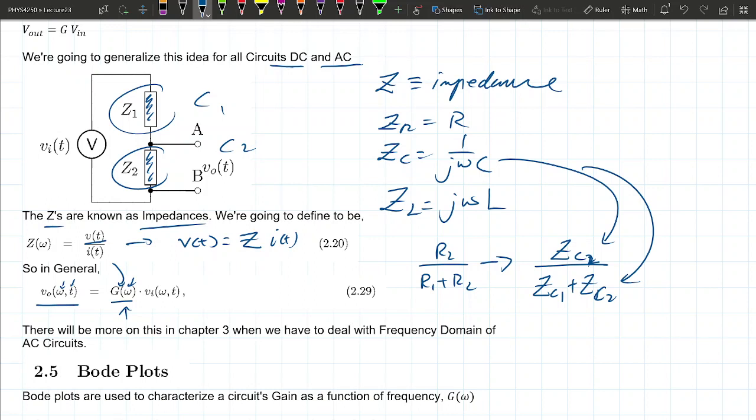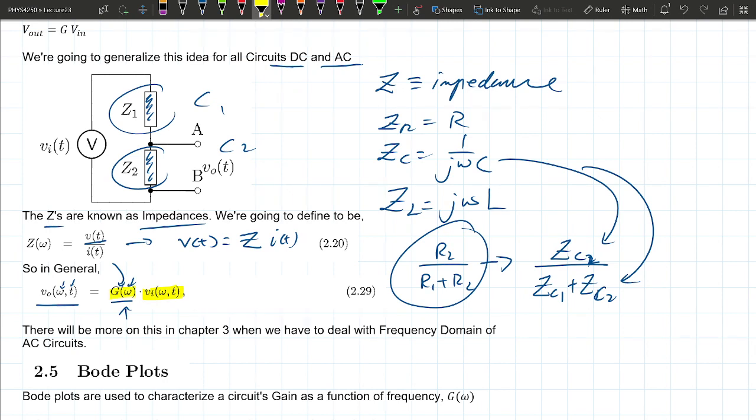When you have two things with current running along them, you can always use this voltage divider. But it's no longer dividing voltage in the same way. If you put a capacitor there, it'll be slightly different. If you put an inductor there, it'll behave slightly differently. But the main idea is that if you have some input, you multiply that by the gain and you get the output.